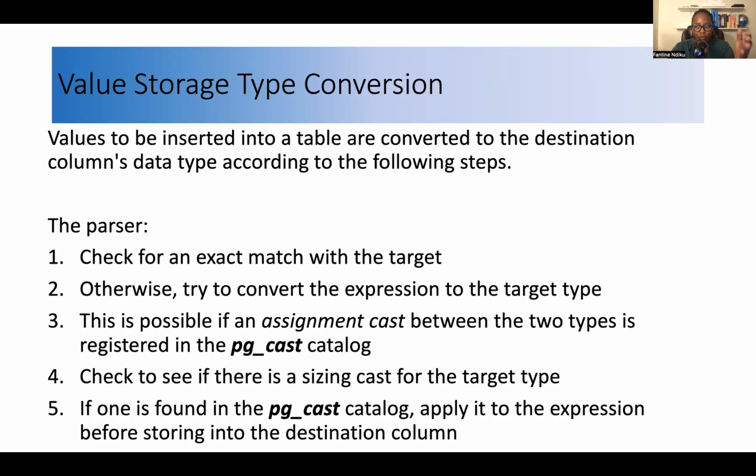If it's possible to convert your data into that column, then it will convert it. If one is found in the pg_cast catalog, it will be applied to the expression before storing into the destination column. So the system first does the conversion before inserting data into the table.